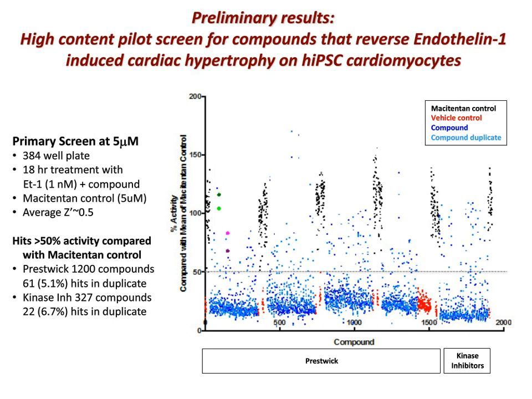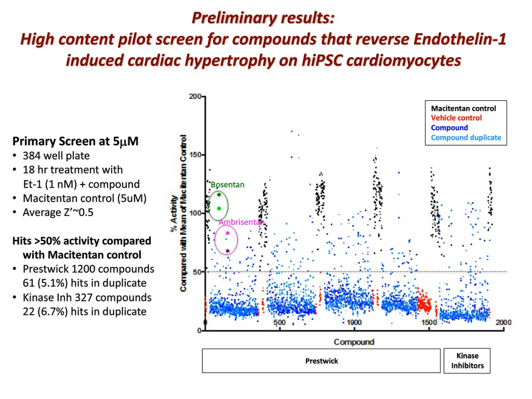As expected, we pulled out the endothelin-1 receptor antagonists, including bosentan, and our hit rate for the Prestwick library was 5.1% hits in duplicate that scored at least 50% activity compared with the macitentan control. For the kinase inhibitor library, our hit rate was 6.7% hits in duplicate.